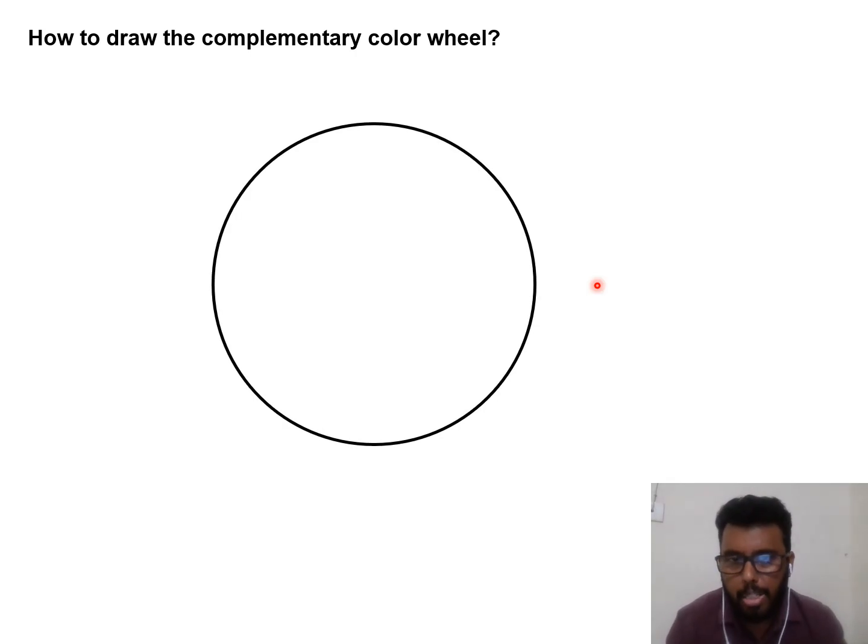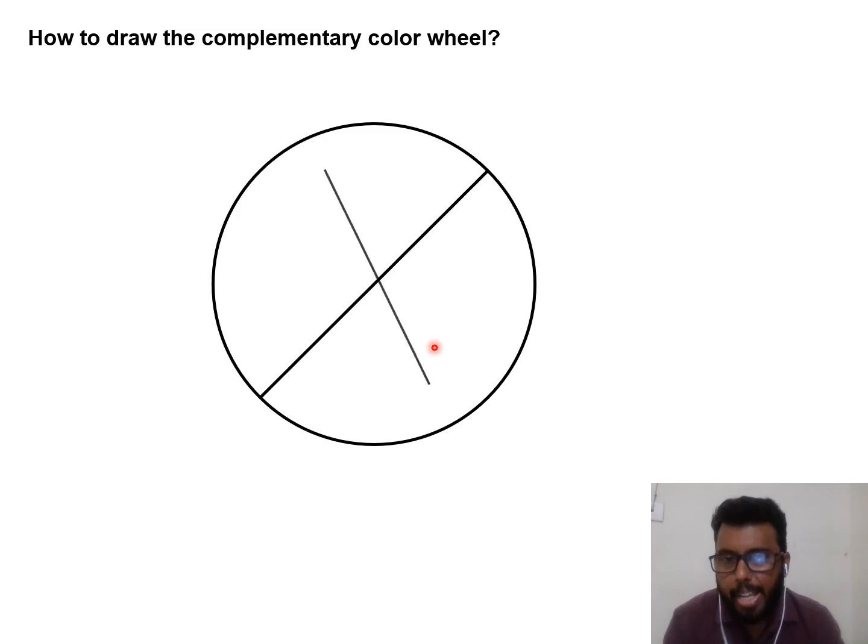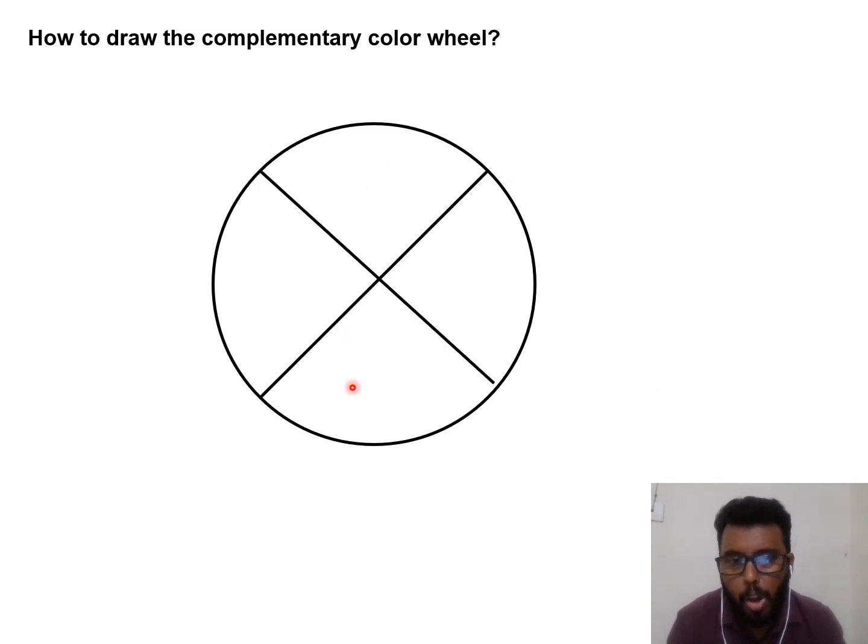First, draw a circle in your notebook, and then put a slanting line like X. Basically, I have split this circle into 4 quadrants. Then draw a vertical line.